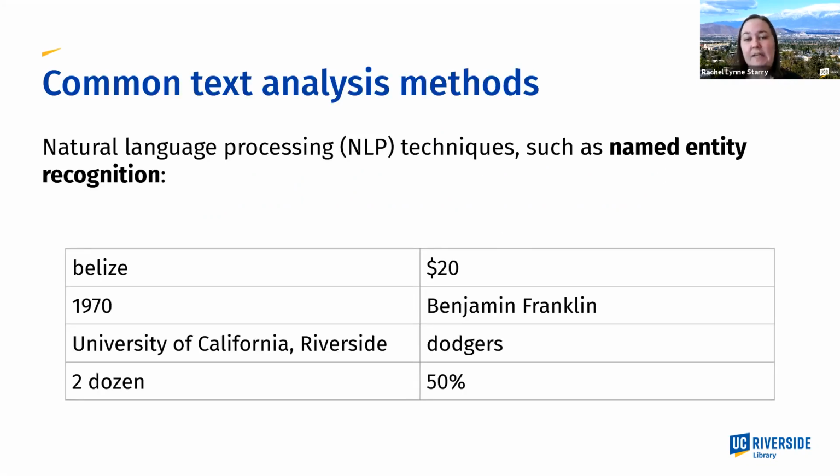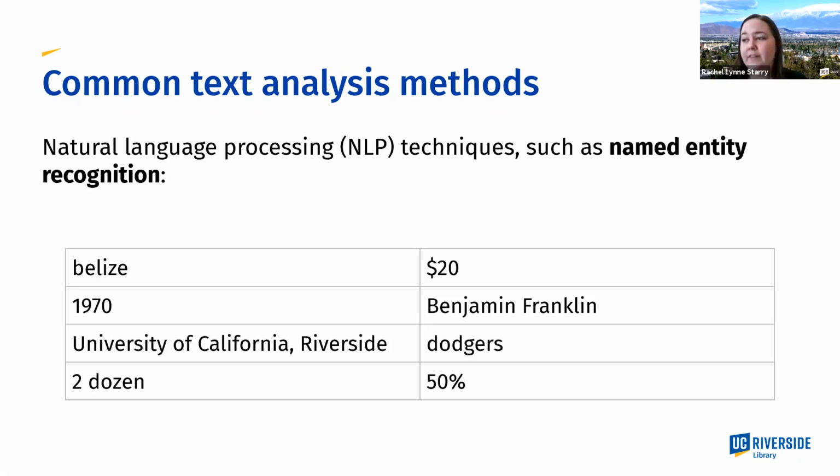You'll commonly see machine learning and what are called natural language processing techniques, one of which is named entity recognition, and I call attention to this one because there is a HathiTrust Research Center algorithm for this in particular. So essentially, with text analysis, we're going beyond simple counting to actually examine things like the semantic patterns in text.